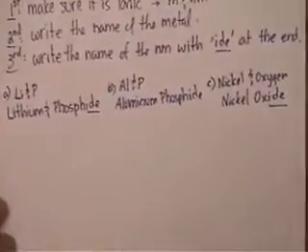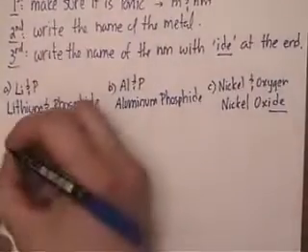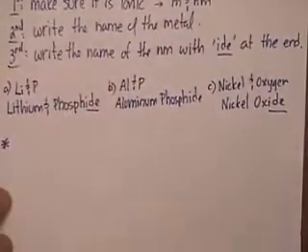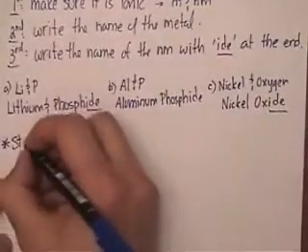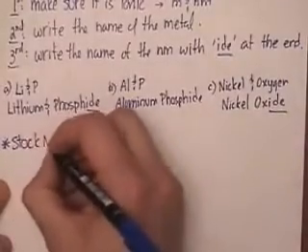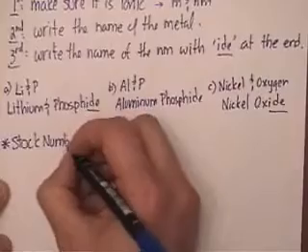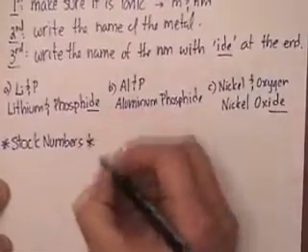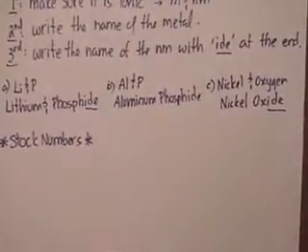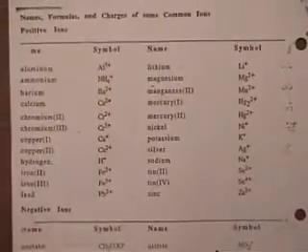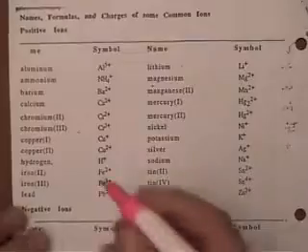There is, though, just like everything else, there's always a trick. Or not a trick. Something that's going to make it a little harder, and that something is called stock numbers. Stock numbers are on your ion sheet. Okay, so here's my ion sheet. A stock number is anything that's got a Roman numeral on it.